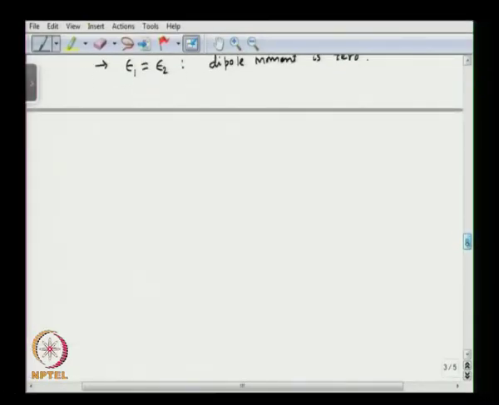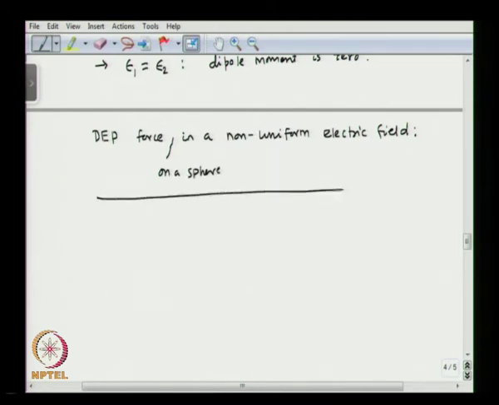So let us look at the DEP force, or the dielectrophoretic force, in a non-uniform electric field. So, the DEP force on a sphere in a non-uniform electric field.